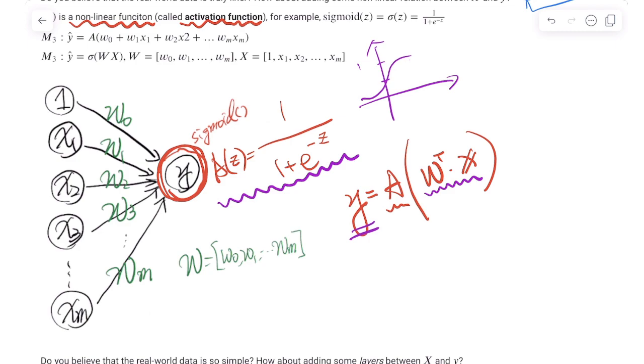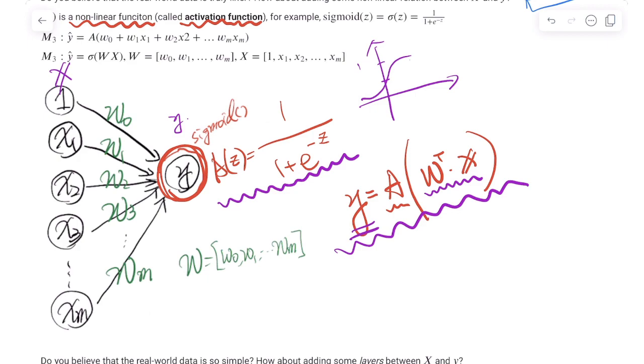If you believe your input and your output, which is your X and Y, have a certain relationship, you can use such a nonlinear formula to describe the relationship between x and y, and you can use it.